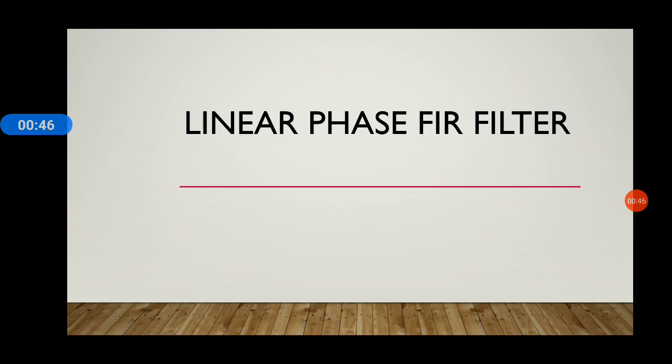That is, all the frequency components that pass through the filter will face the same amount of constant delay. The consequence of this is that there will be no phase distortion due to the time delay of frequencies relative to one another.